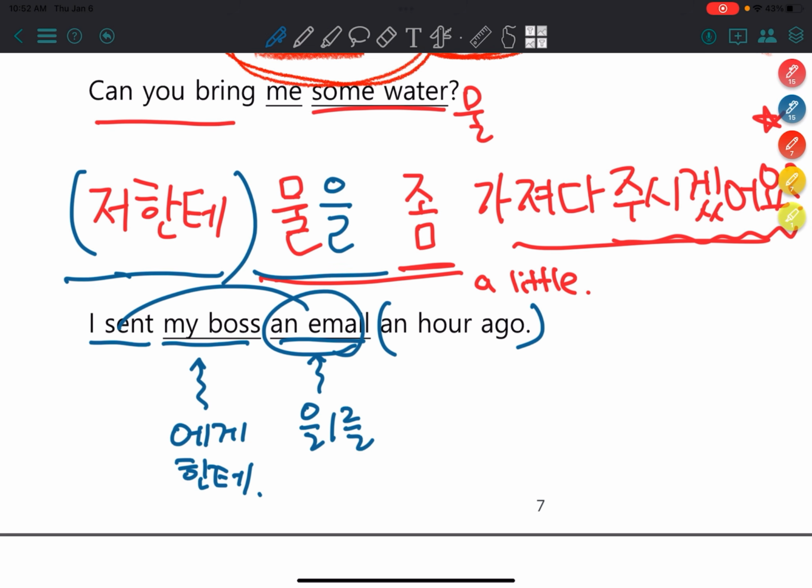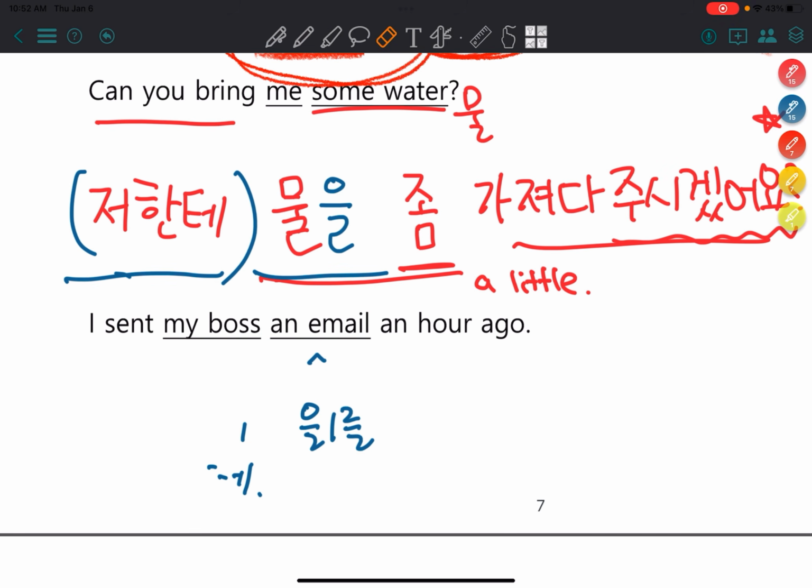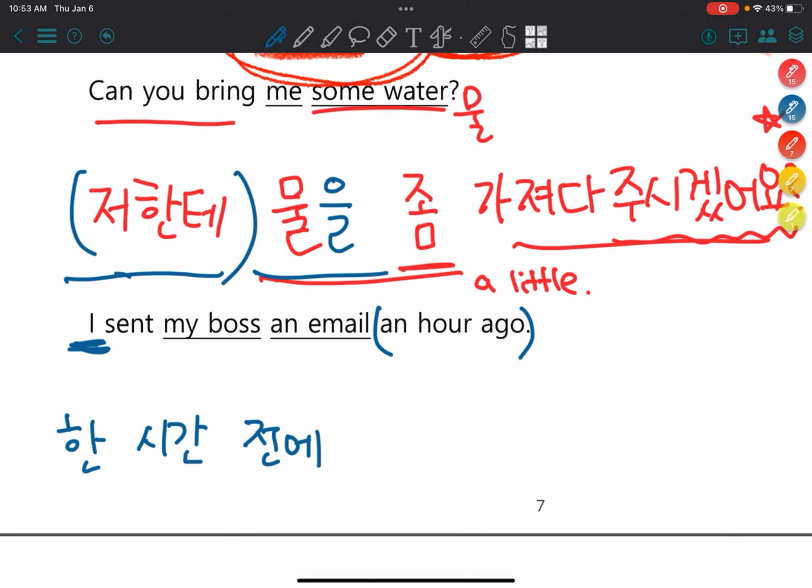So with this in mind, let's also translate the sentence. I sent my boss an email an hour ago. So an hour ago is an adverb, right? So maybe we can write this first. 1시간 전에. Let's remove the subject, assuming that it's already obvious by context that I is the subject. 1시간 전에.